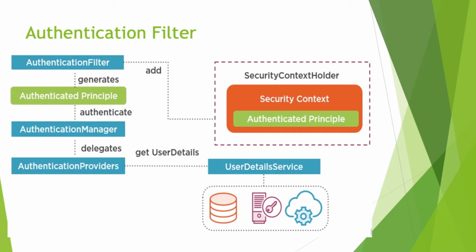The authentication filter stores this authenticated principal in an object called the security context, which is wrapped in another object called the security context holder. The security context holder is a thread local, which means that it is available to all the threads running in your application, and it lives for the entirety of the life of your session.